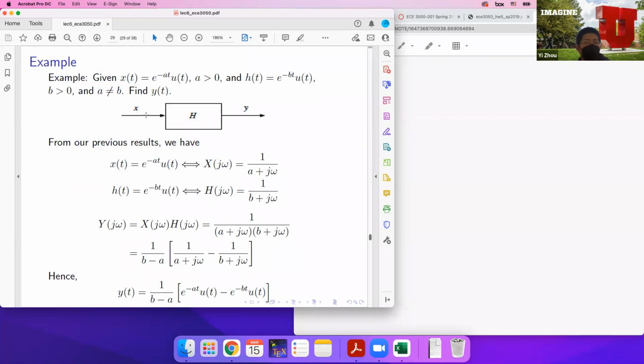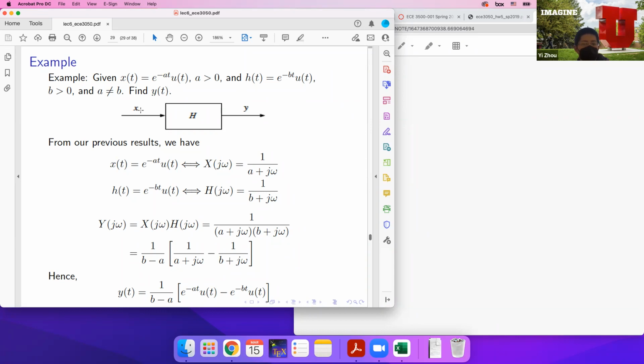We have a standard LTI system where we are given the input signal. It's a standard causal exponentially diminishing signal. And we are also given the impulse response of the LTI system, which is also an exponential signal. Now the goal is to find the output signal, y(t).